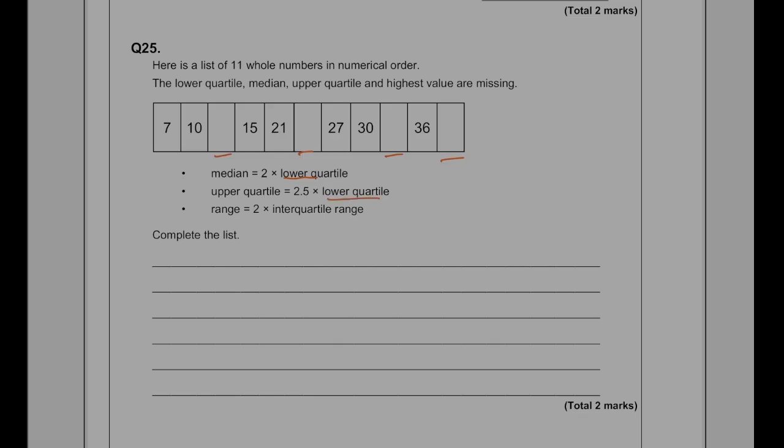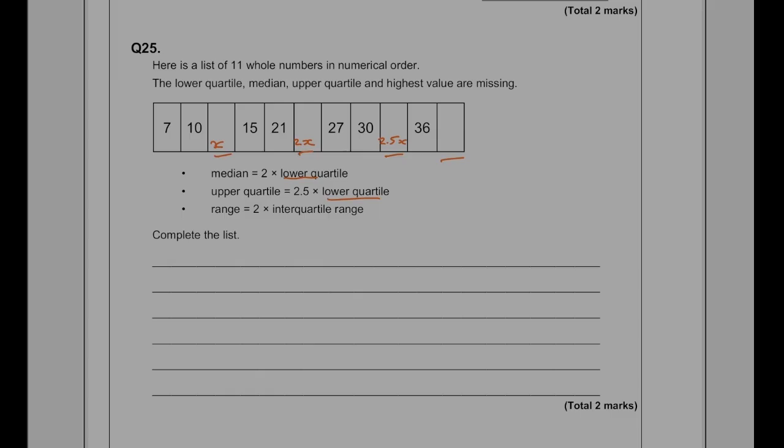is mentioned quite a few times. And actually we can refer to it, because if I called the lower quartile x, the median would be 2 lots of the lower quartile, so 2x, and the upper quartile would be 2.5 times x, and then we'll leave the largest value for now.